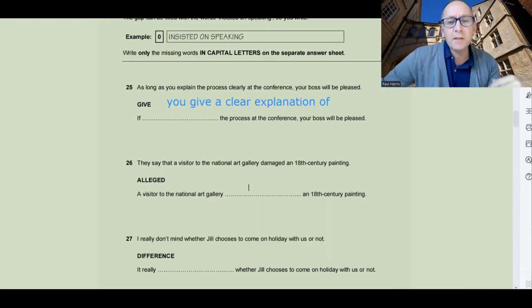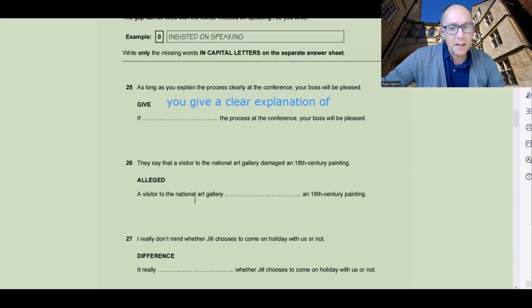So very common in C1 Advanced are passive sentences, okay? And if you look here, we've either got a verb here that we could use in the passive, so verb to be plus the past participle, or it could also be a verb in the perfect, okay, present perfect or past perfect or future perfect, okay? But I would suggest here that perhaps we'll be looking at some form of passive sentence, okay?